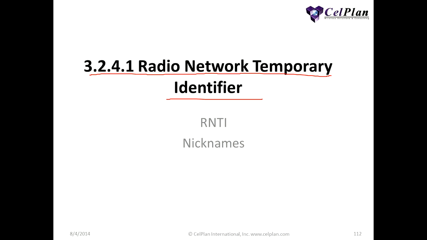Another topic that we want to discuss is radio network temporary identifier. Remember the cell ID? Cell ID is huge, right? So each time I want to refer to a UE, if I want to use a cell ID, I will spend a lot of bits, and you will see that in LTE every single bit is crucial because I have to repeat the bit many times to make it work.